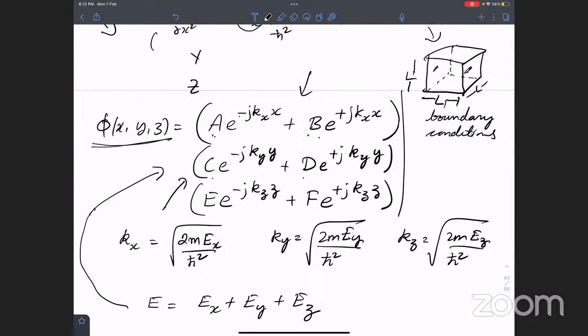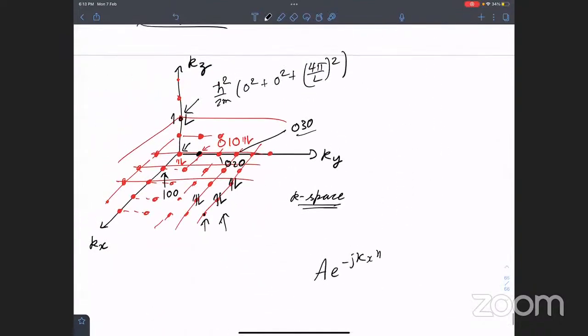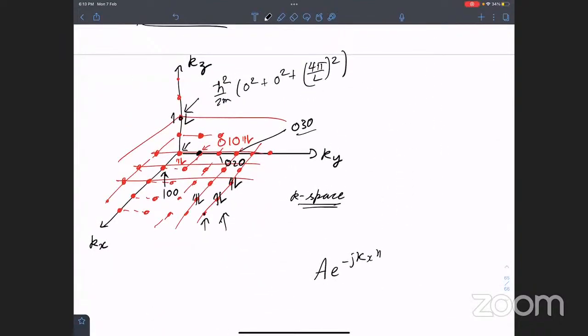That's what is going to give you a real space representation of that particular eigenstate. And the K space representation of the eigenstates is here. These are all the different possible eigenstates in K space. Okay, clear? And I also told you how to calculate the energy of any particular state.